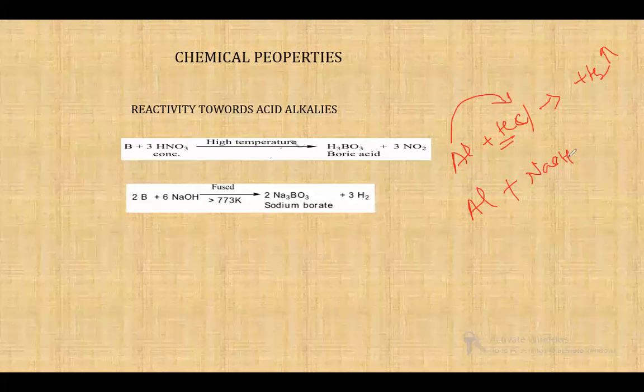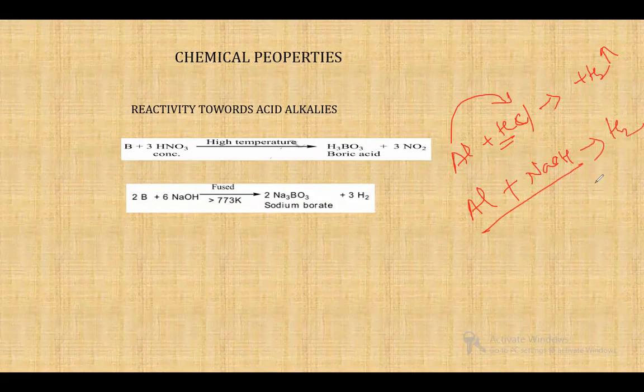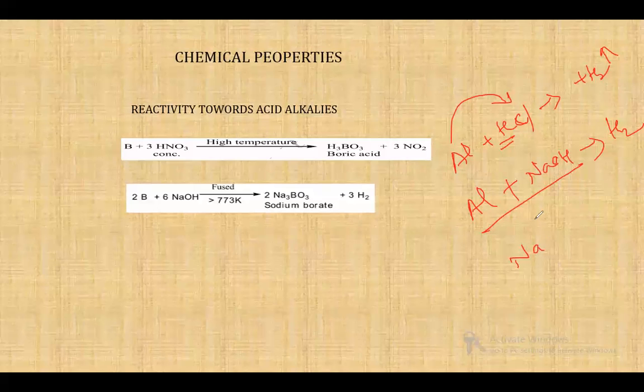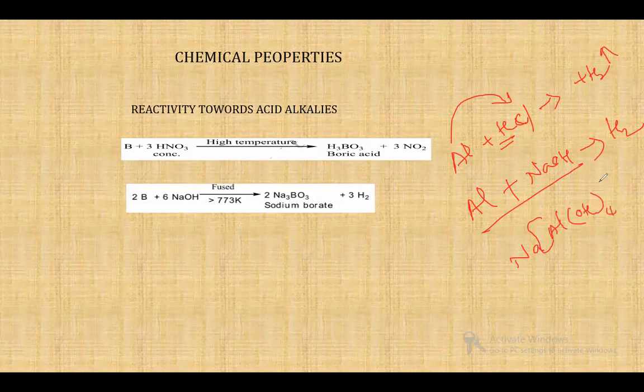Aluminium reacts with sodium hydroxide to form sodium tetrahydroxoaluminate, Na[Al(OH)4], with the liberation of hydrogen gas.